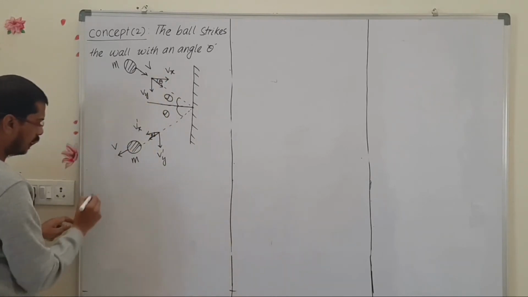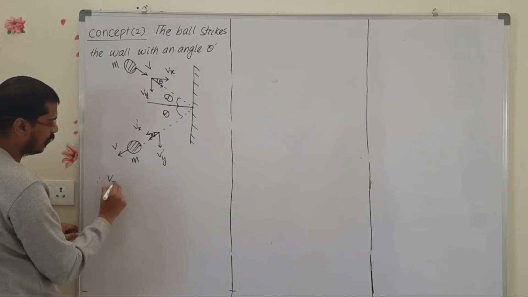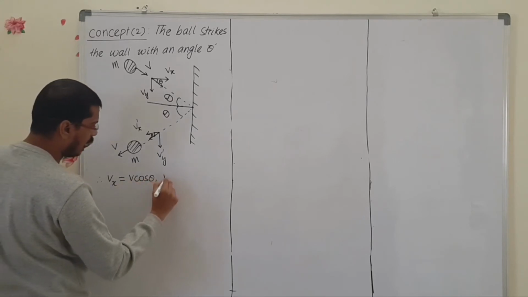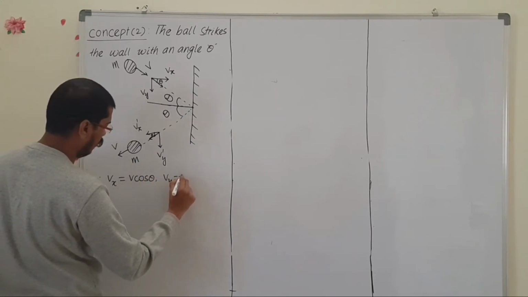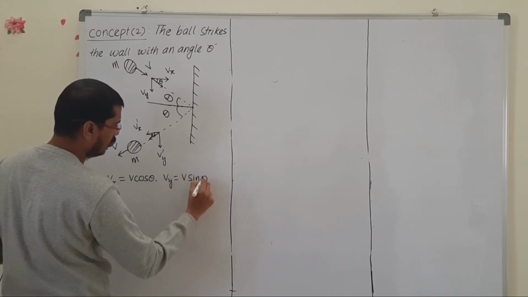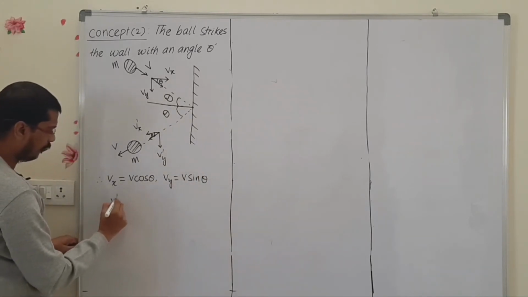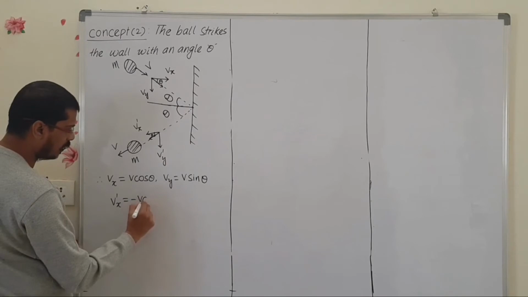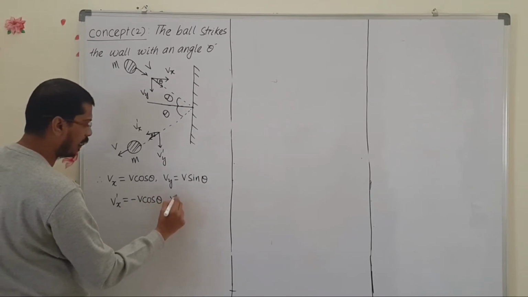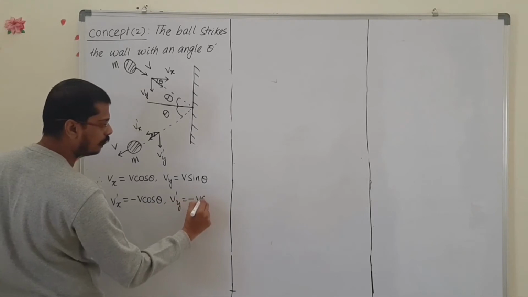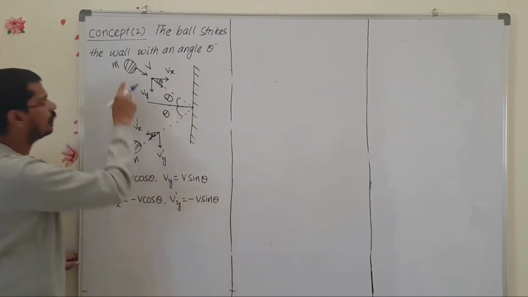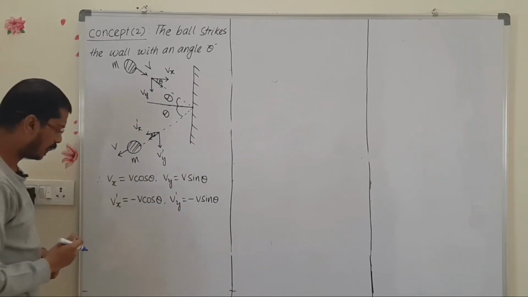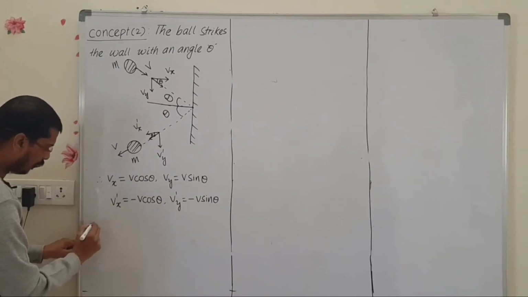In this condition, Vx equals v cos theta and Vy equals v sin theta, and v dash x equals minus v cos theta and v dash y equals minus v sin theta. Why? Because with respect to this one, it is opposite to the initial value, which means we have to consider the negative vector.